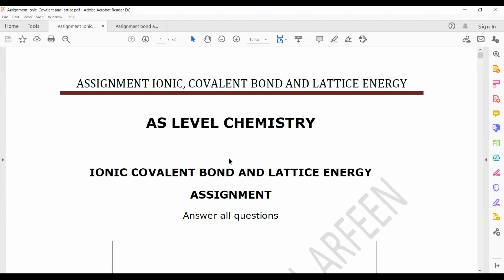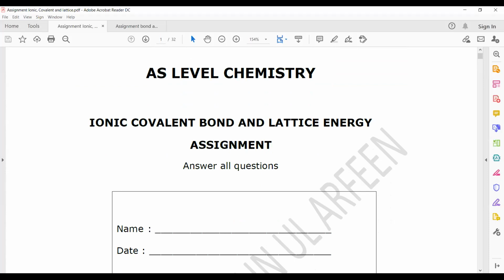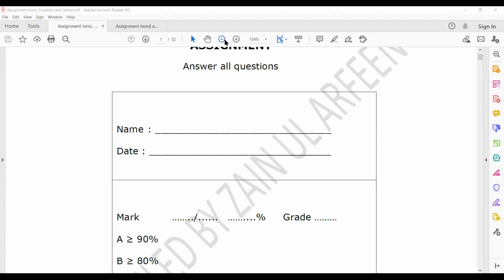So this one is related to ionic, covalent bonding and lattice energy. Covalent bonding we did not discuss yet, but we will discuss questions related to ionic bonding and lattice energy so that you have a better understanding of the topic.